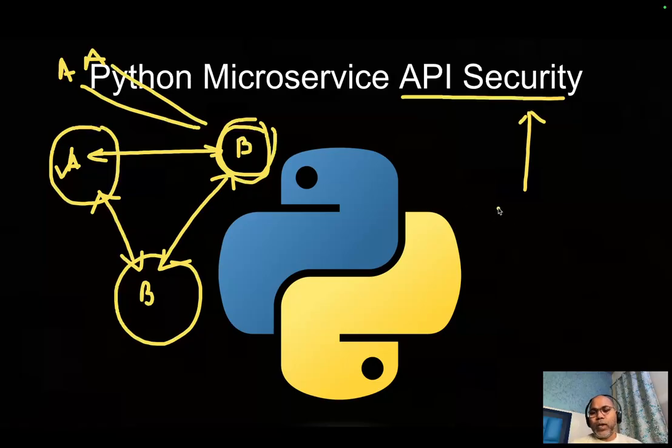So whatever APIs this microservice exposes, we want to put some authentication and authorization. That means first the valid user can access my API, and for a couple of APIs, maybe only a specific person with specific kinds of roles can access them.